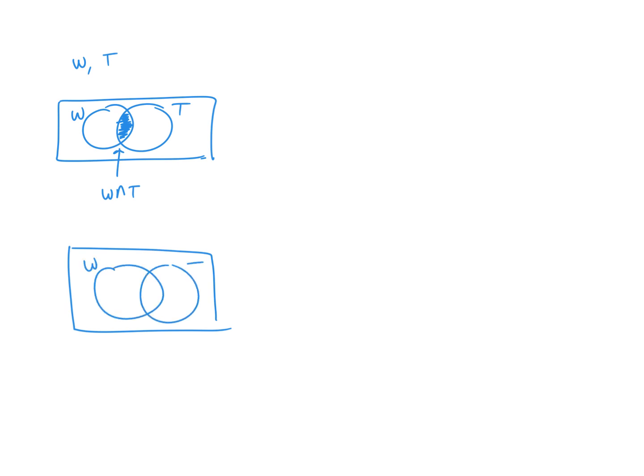Now, similar idea. If I'm looking for W, all the games where the team won, that is all of this. People will say, well, why did you shade the part in the middle? I shaded the part in the middle because the team still won there. They also had to give out free tacos, but I don't care about that. I want all the games where the team won.